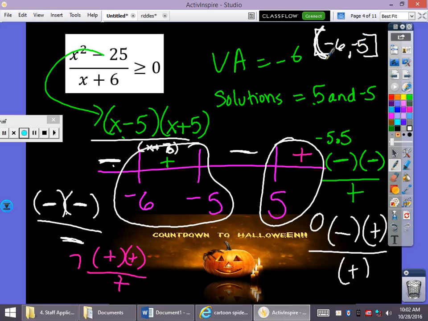It's undefined. All right, we good? All right, now what about this one? How would I write this one? 5 to infinity. And infinity is rounded because it's not a clearly defined number. Good? All right, last one on this topic.